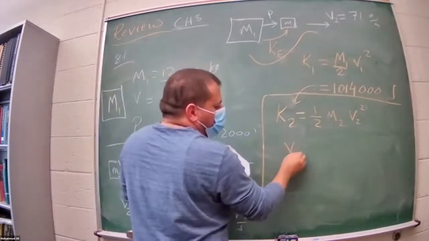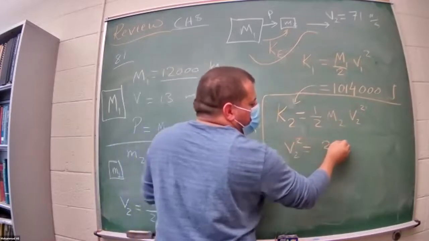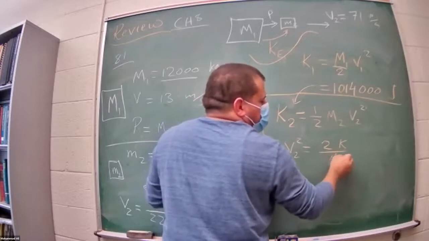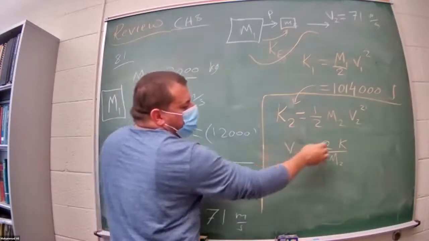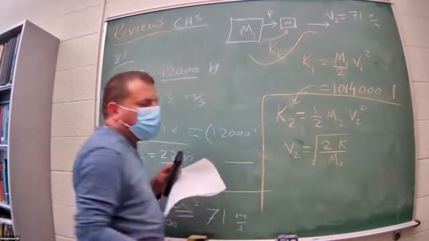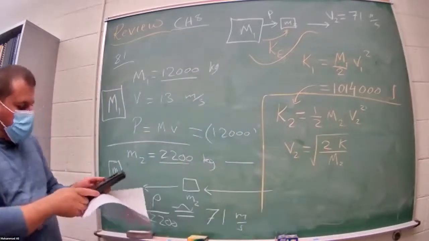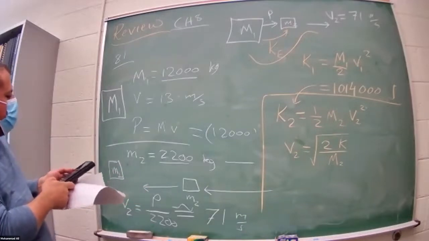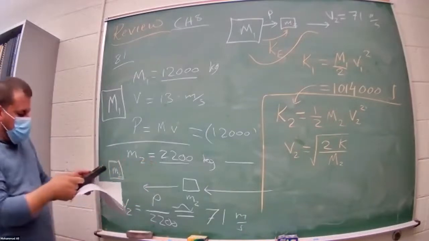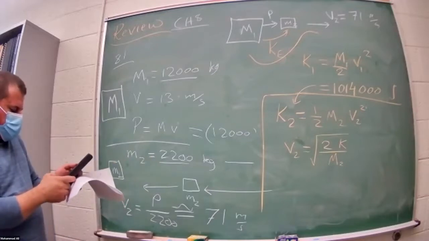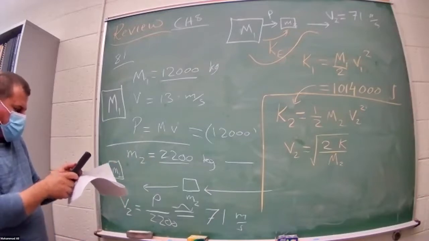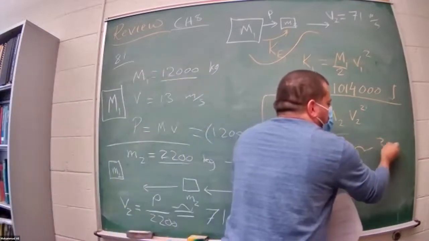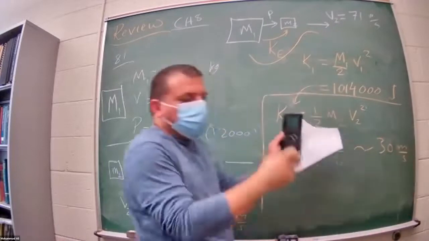V2 squared is equal to 2 kinetic energy, which is this one, over the mass. We need to remove the square sign with the square root. This will be equal to the square root of 2 times the energy divided by the mass. It will be approximately 30 meters per second, as you see in your sheets.